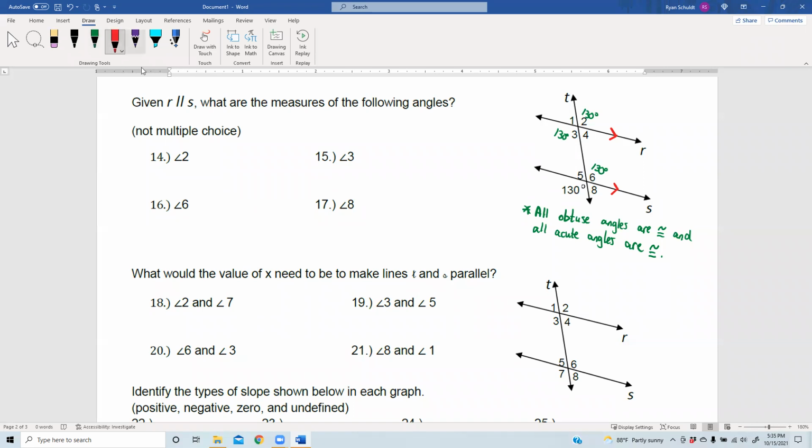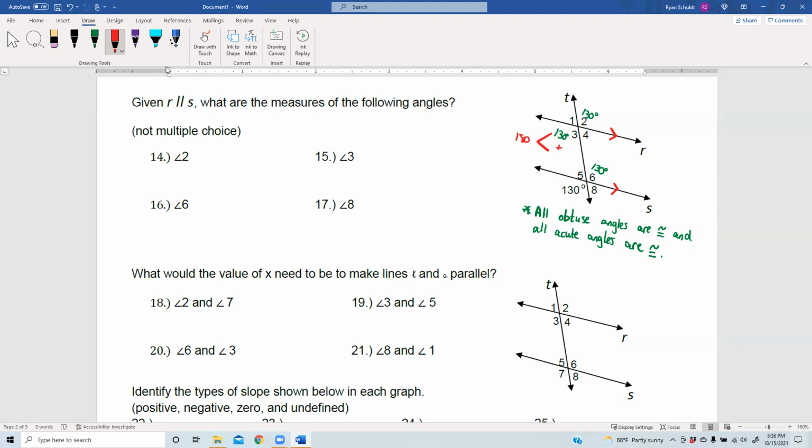Okay, now let's look at the others. I got to figure out what the other angles are. Well, think about 3 and 5 together. These are same side interior angles. 3 and 5 are same side interior. What do same side interior angles have to equal? They have to equal 180 together.